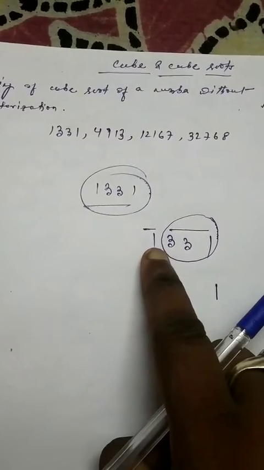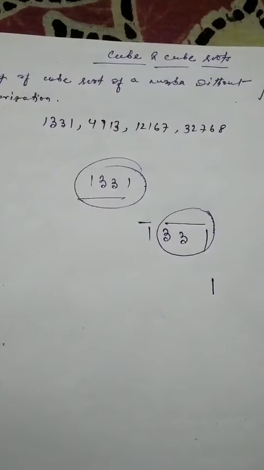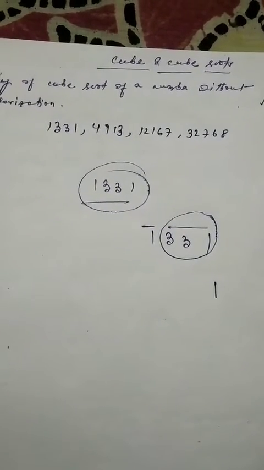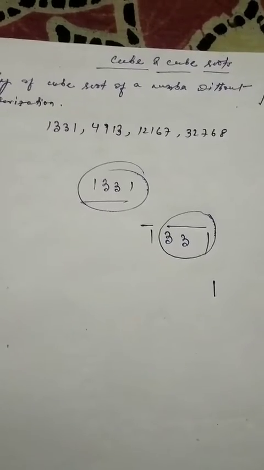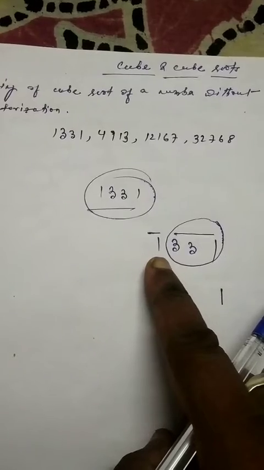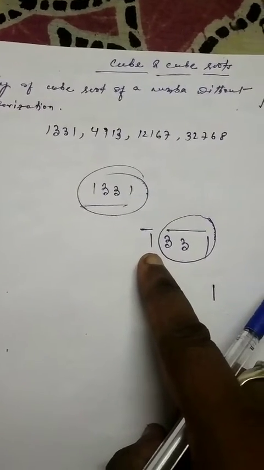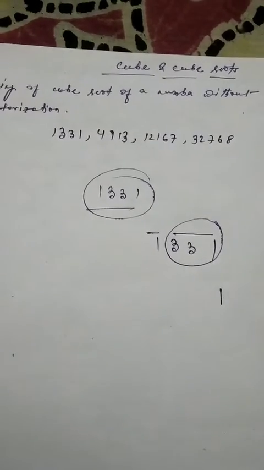Next group is 1. For this number, I have to check the cube of a number which is either equal to 1 or closer to 1. 1's cube is 1.